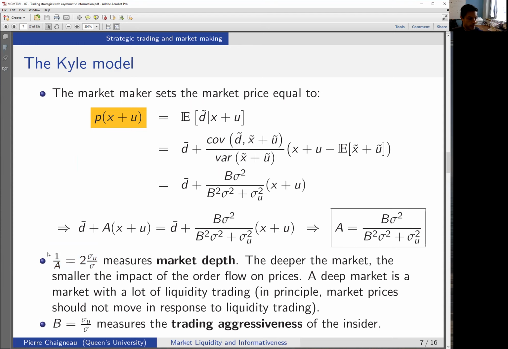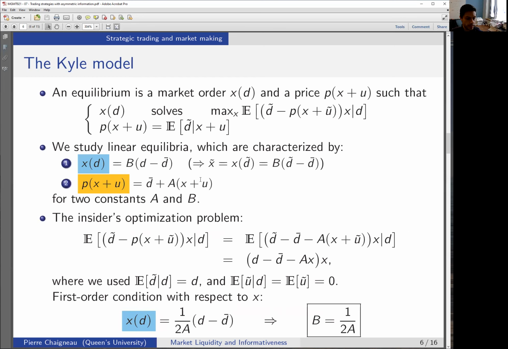Okay, so that's for 1/8, which is a measure of market depth. What about the second? And actually, before we do that, why was A really a measure of market depth? You can actually see that from that equation, right?